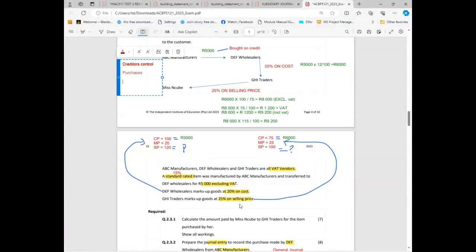Okay, so is it VATable or not? Since we bought, it's input VAT.